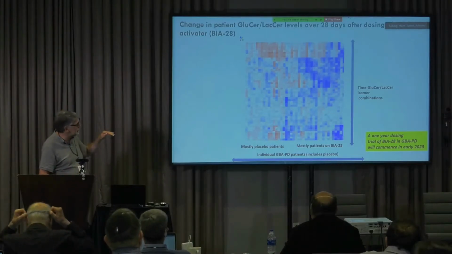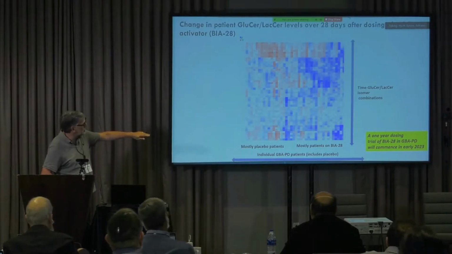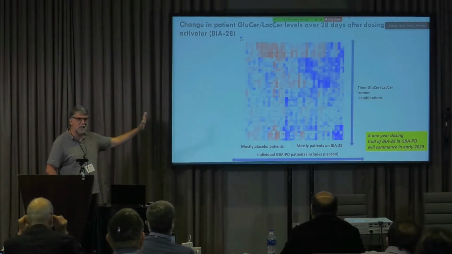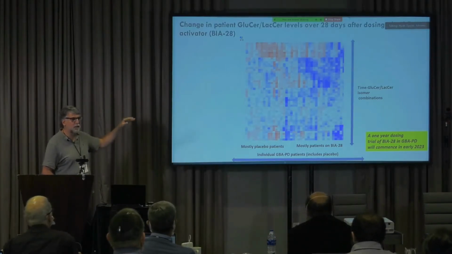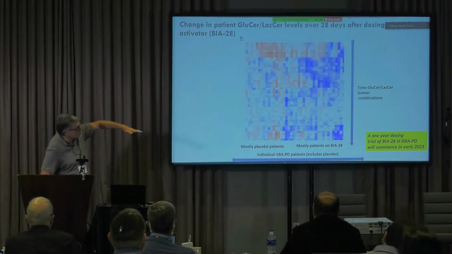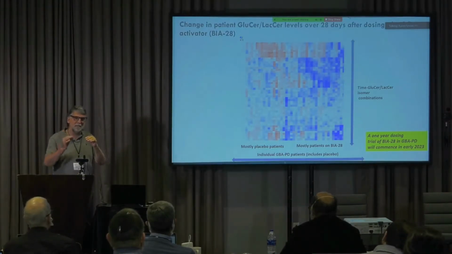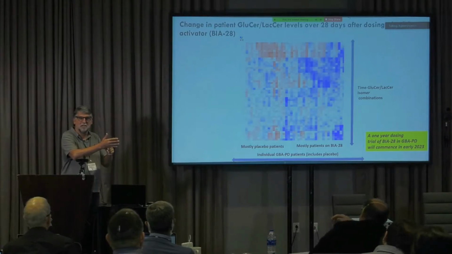This is a very crude heat map, or actually a cluster analysis, where patients are the columns. This was a 40-patient trial where 30 of them are on drug, 10 of them are on placebo. They're all GBA-PD. And then the rows are different pairs of metabolite and time. So we measured the metabolites over time and compared them to the pre-dose level.